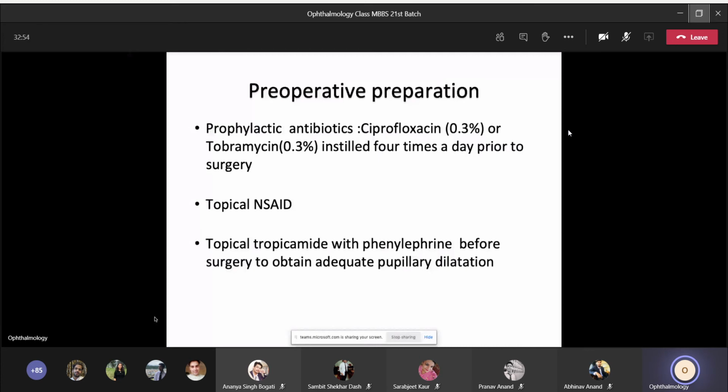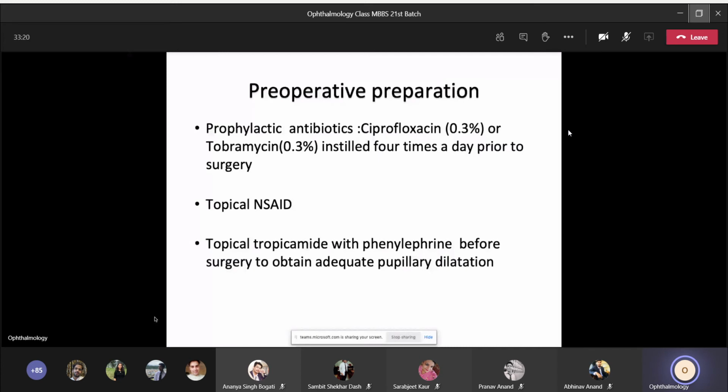We don't want any kind of infection post-operatively, so we prescribe ciprofloxacin 0.3% or tobramycin. We instill it 4 times a day prior to the day of surgery, and we even prescribe a topical NSAID to prevent inflammation.